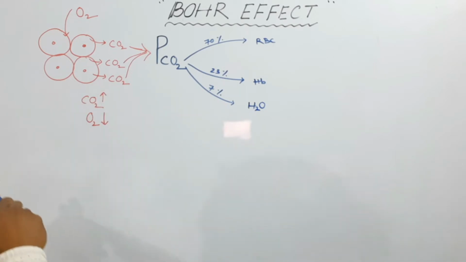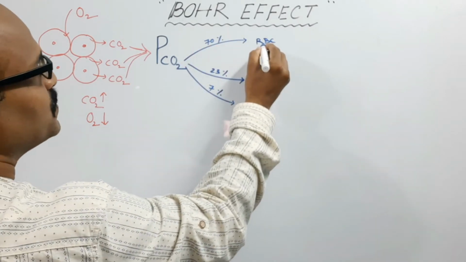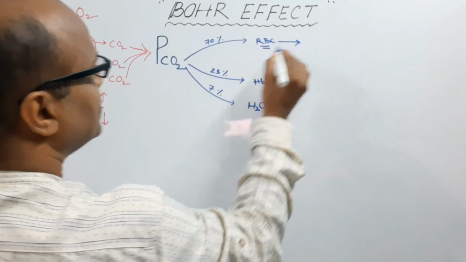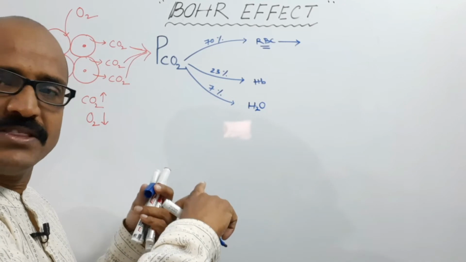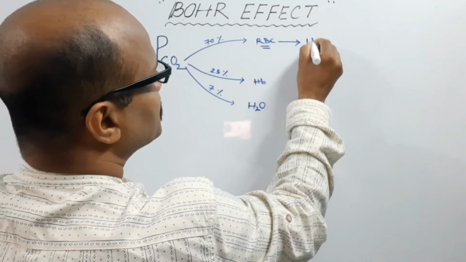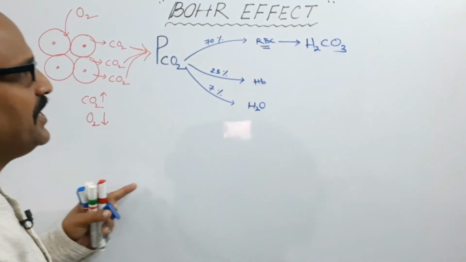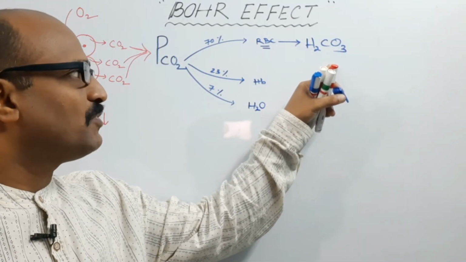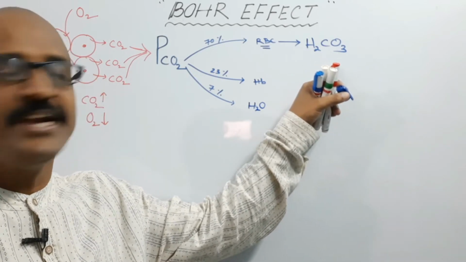Okay. So 70% of carbon dioxide readily diffuses into the RBC. Inside the RBC, this carbon dioxide reacts with water and produces carbonic acid, H2CO3, and carbonic acid readily dissociates into H plus ion and HCO3 bicarbonate ion.